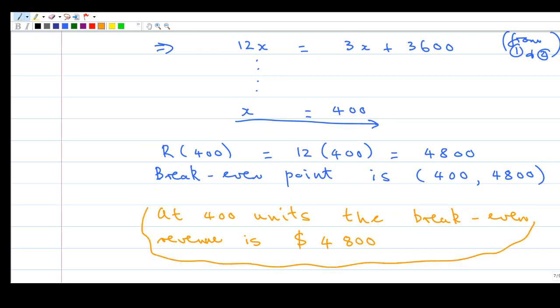So in other words, there's no profit or loss. Okay, that's the interpretation.